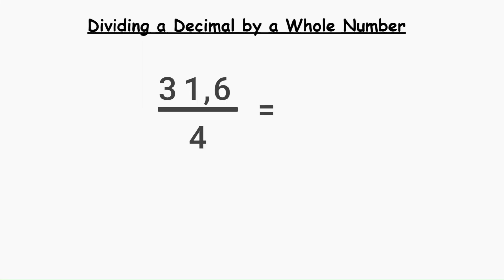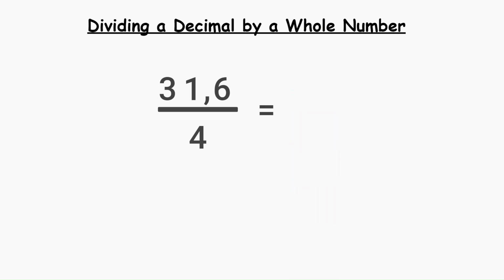Let's try one more, this time a division problem. So 31.6 divided by 4. Pause the video, and when you're finished, press play to see the answer. Welcome back. Okay, so the answer you should have gotten for this one is 7.9.